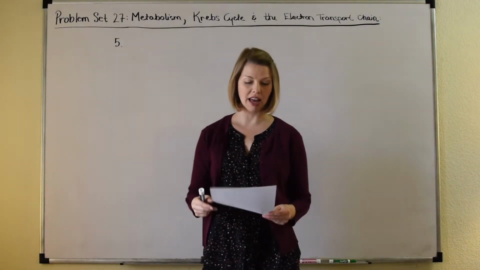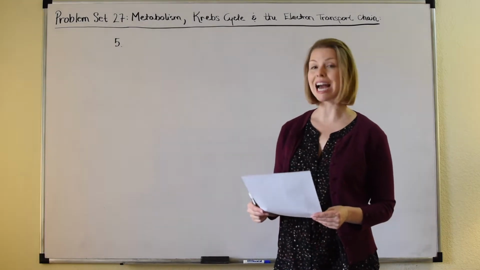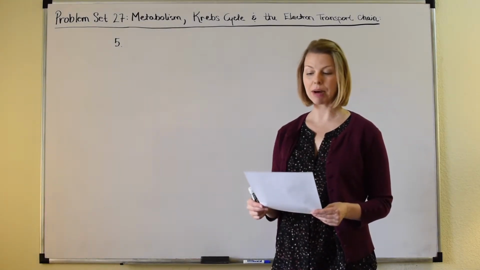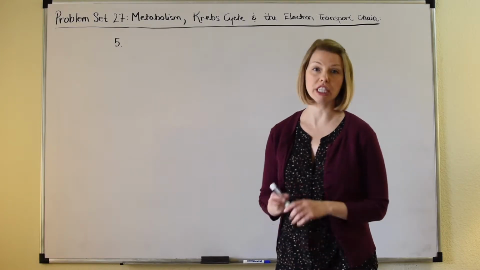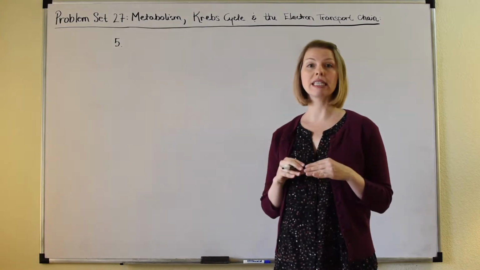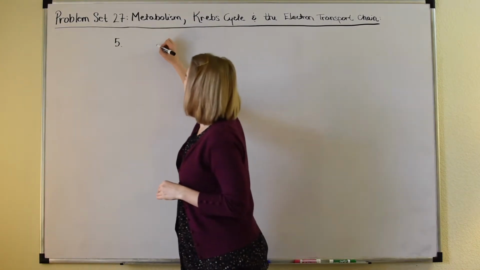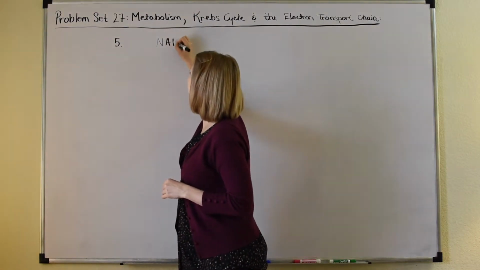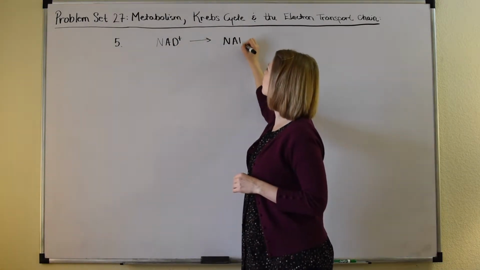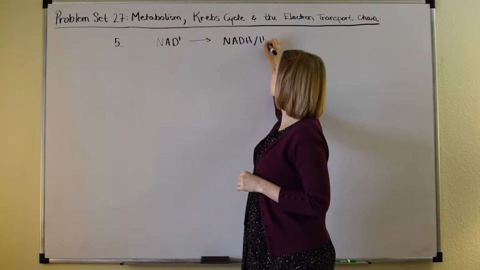Okay, number 5. Is NAD plus the oxidized or the reduced form of the coenzyme nicotinamide adenine dinucleotide? Okay, so we're familiar with seeing this coenzyme in the form NAD plus and NADH, H plus.